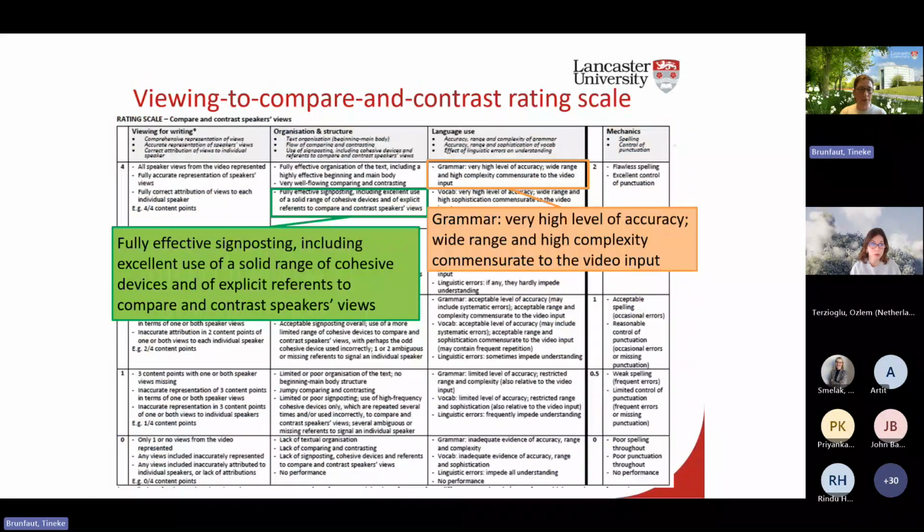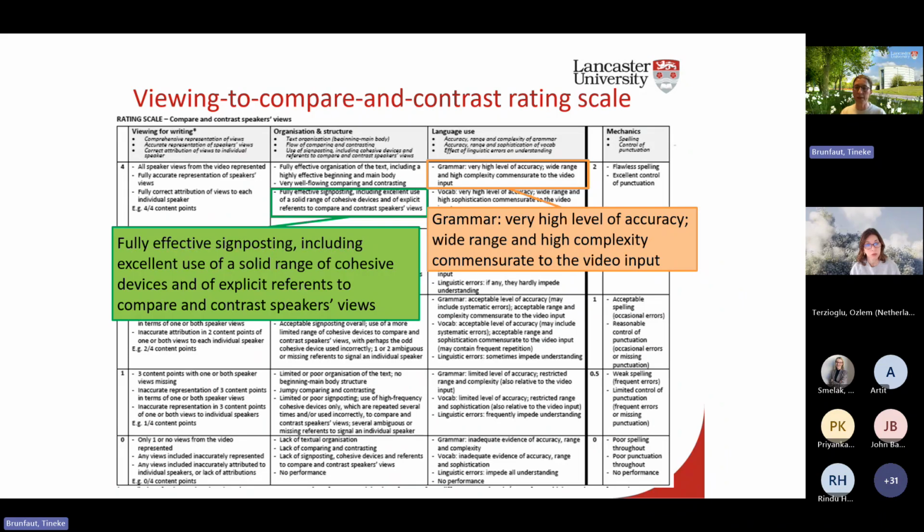The other criteria, just to again give you a little bit of insight into it. So for example, for organization and structure, and I'm looking at the second rating scale for compare and contrast, one of the criteria descriptors is the writing needs to demonstrate fully effective signposting, including excellent use of a solid range of cohesive devices and explicit reference in order to compare and contrast those two speakers' views.